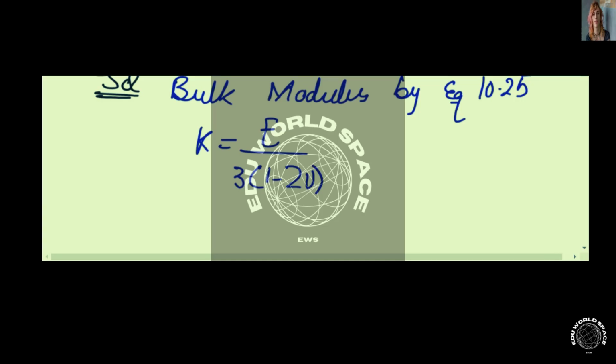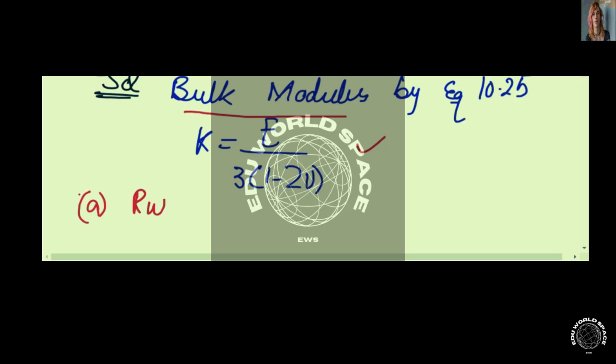So we are required to find out the bulk modulus for A, that is rubber, right? And we have the expression required to find the bulk modulus, and we also have the given values. So we are simply going to substitute those values over here, right?